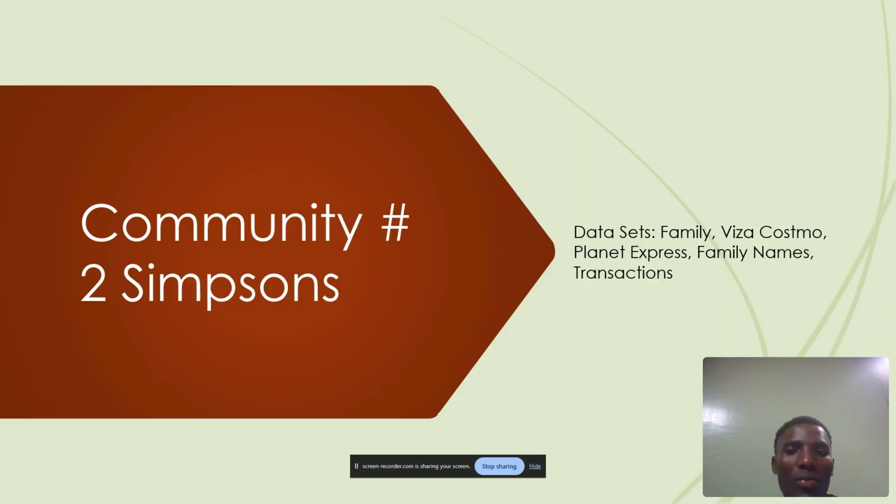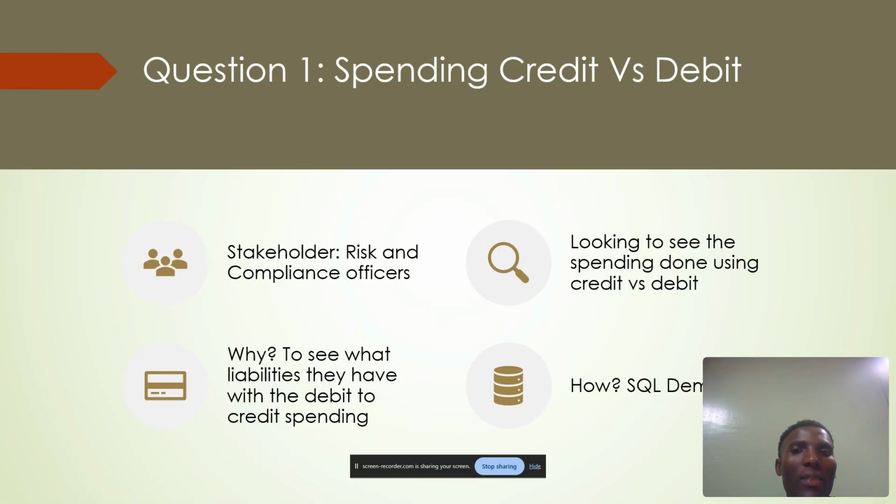In the next data set, the data is family, Visa, Cosmo, Planet Express, family names, and then transactions. The topic is spending, credit versus debit. The stakeholder is the risk and compliance officers, who are responsible for ensuring the spending credit versus the debit. It's a comparison between the two.